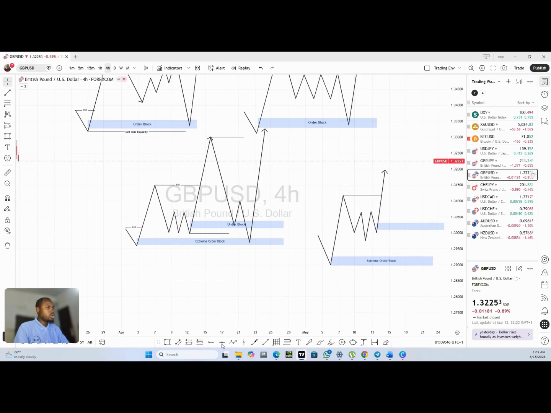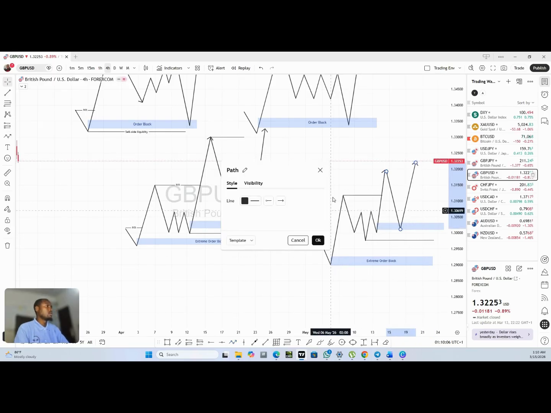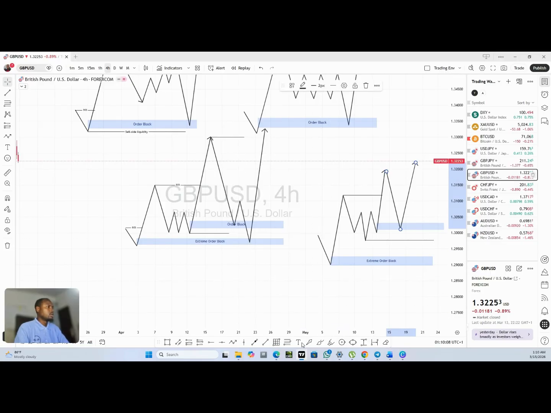But make sure your stop loss is around here. Your stop loss covers here. That means you are expecting the market to do something like this and give you money. So that's it.